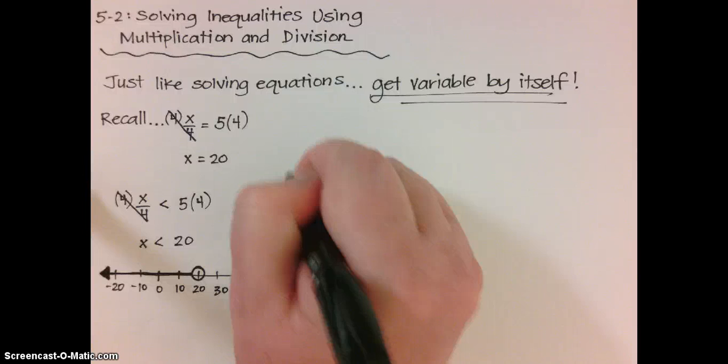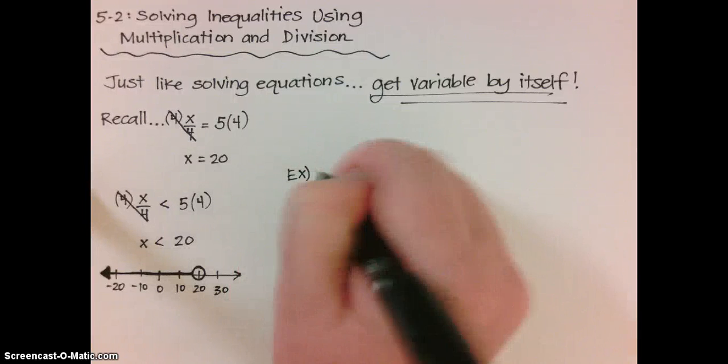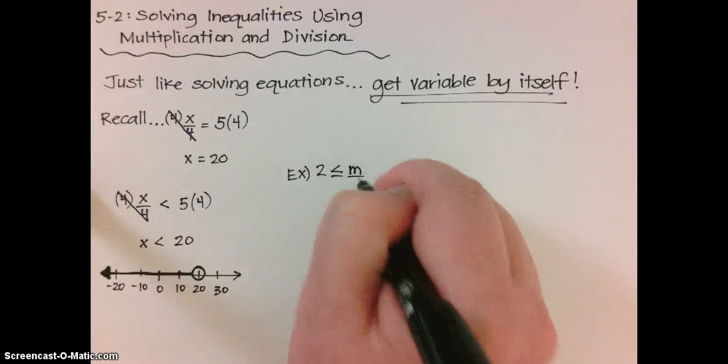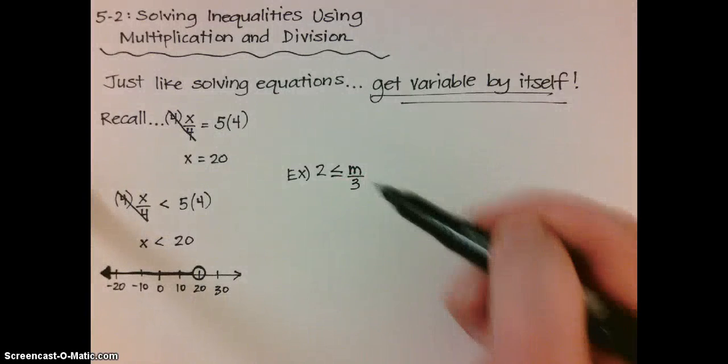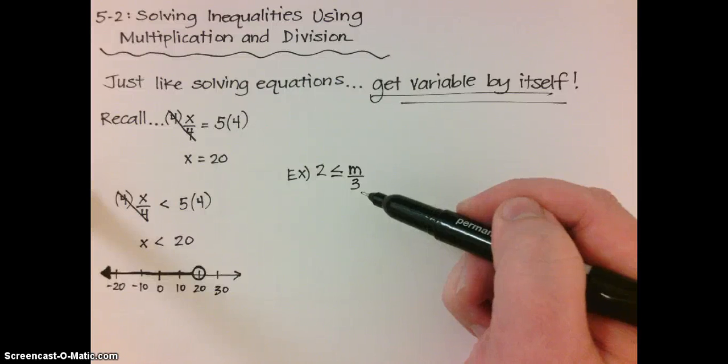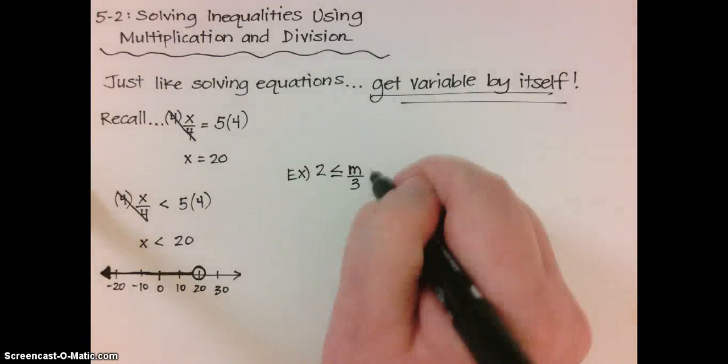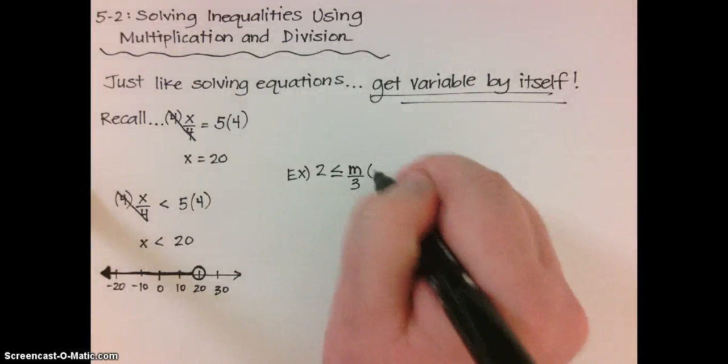Let's say for our next example that we have 2 is less than or equal to m divided by 3. Now this time the variable is on the right-hand side, but we're going to do the same thing. We want to get that m by itself, so I'm going to multiply both sides by 3.